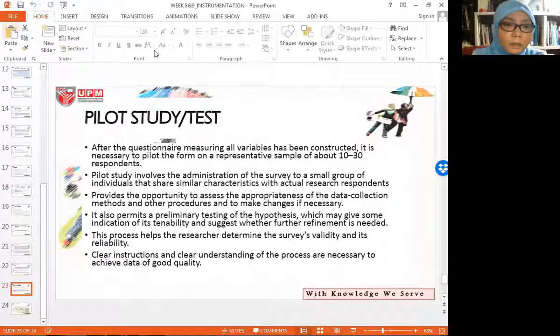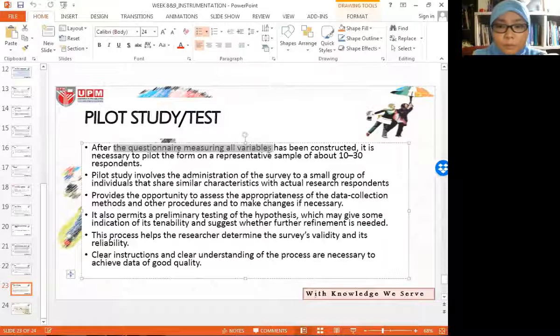Okay. So after the questionnaire measuring all variables has been constructed, it is necessary to pilot the form on a representative sample of about 10 to 30 respondents. This is for quantitative research. To do your pilot study after this, you need to include at least 10 to 30 respondents from a group of people that share similar characteristics with your actual respondents. Make sure the pilot study sample is not the same people as your actual study.